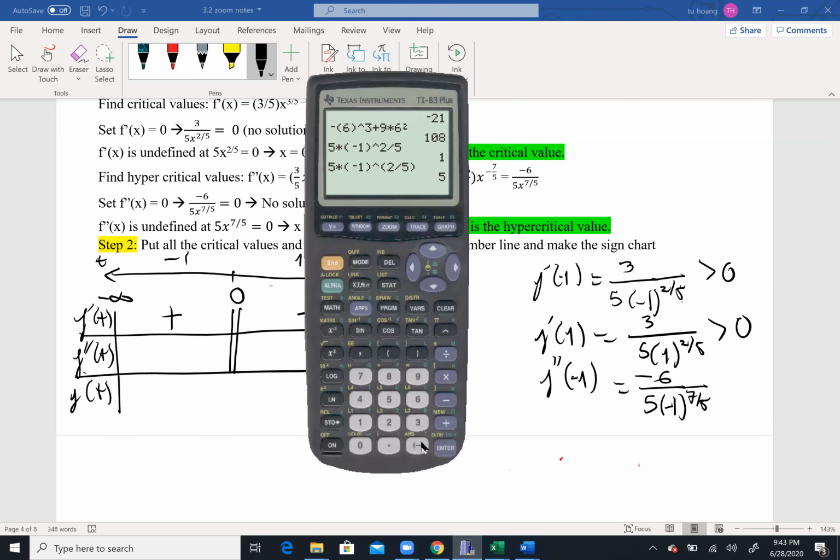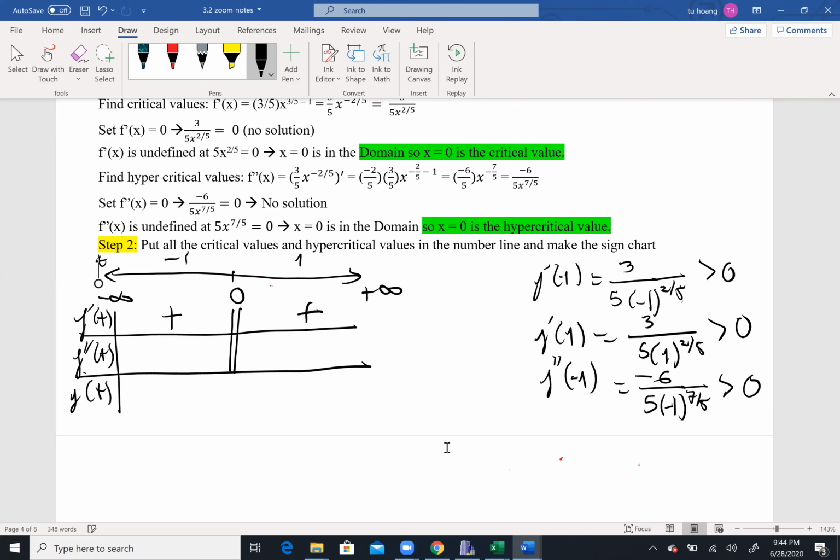So I have -6 divided by, big parentheses, 5 times, small parentheses, -1, close, over, power, over, parentheses 7/5, close parentheses for that, and close parentheses for the fraction, enter, then I have 1.2, positive. So greater than 0. So I'm going to say here is positive.